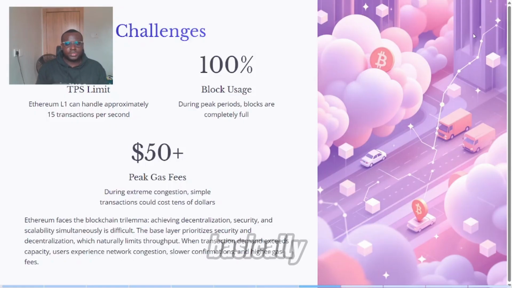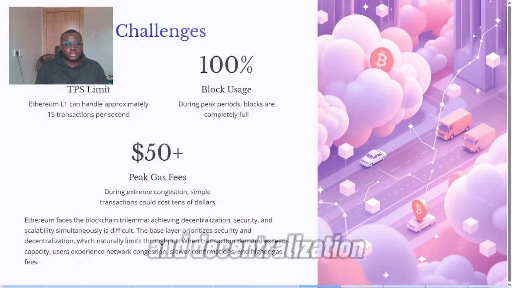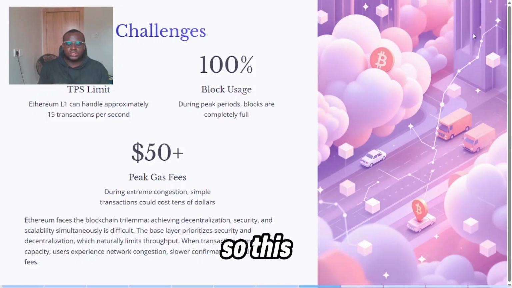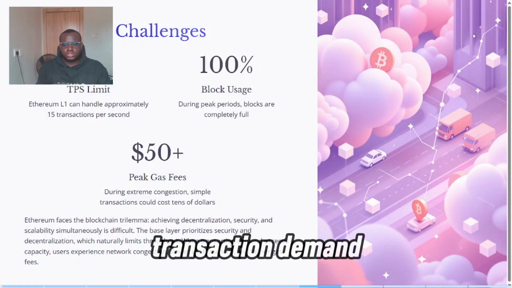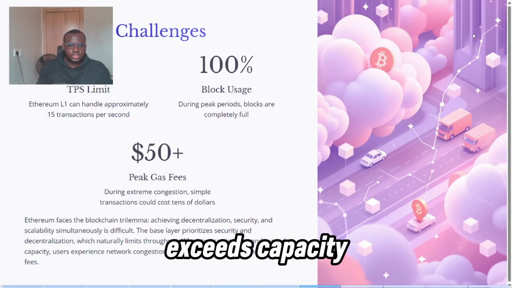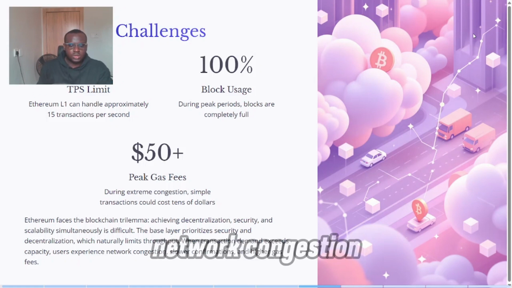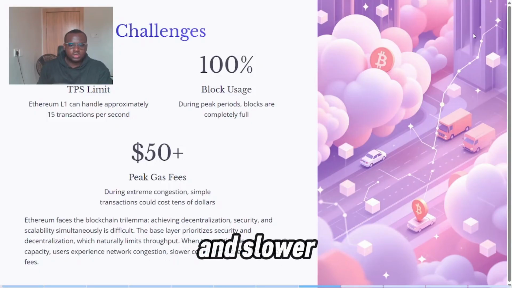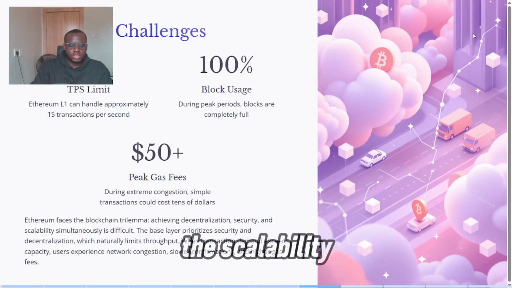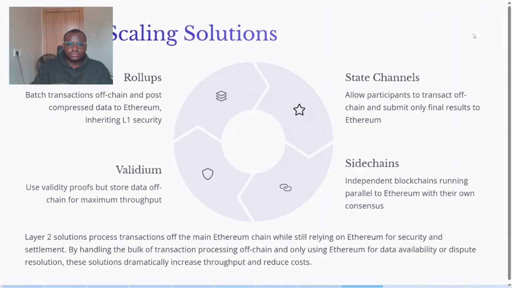The base layer prioritizes security and decentralization, so this limits throughput. When transaction demand exceeds capacity, users experience network congestion, slower confirmation, and higher gas fees. So this is the problem with scalability.